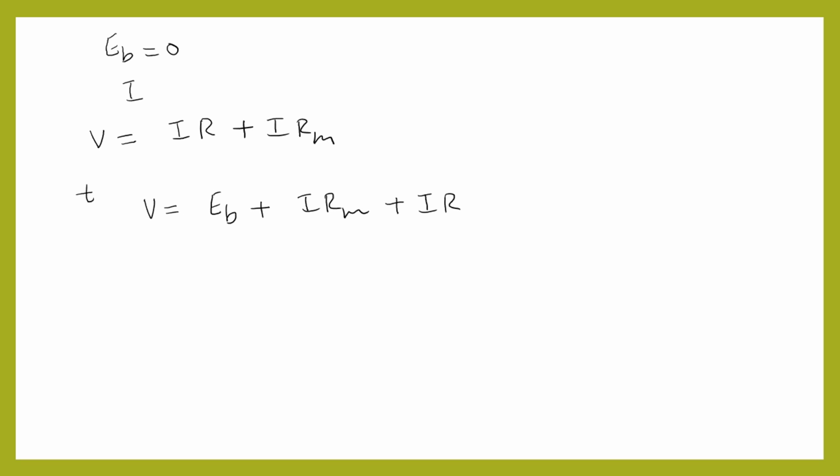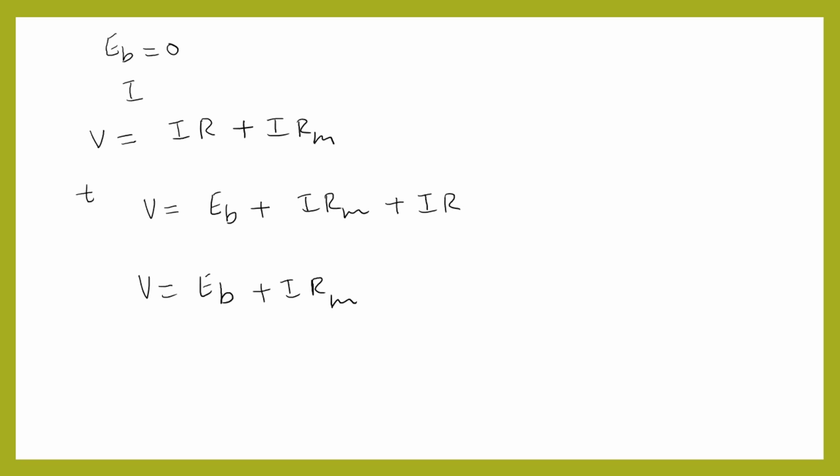And at the end of the accelerating period, the back EMF will be fully developed and the supply voltage will therefore be V equal to EB plus IRM, since the starting resistance will be cut off to 0. So at the end of the accelerating period, the value of R will be 0, that is, the starting resistance will be 0, which is gradually cut off from the instant of switching on the supply.